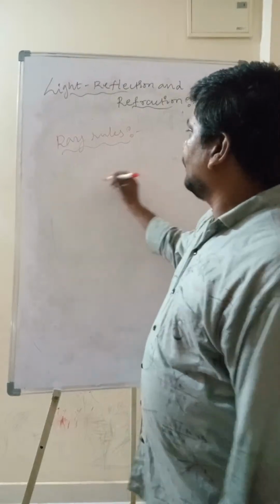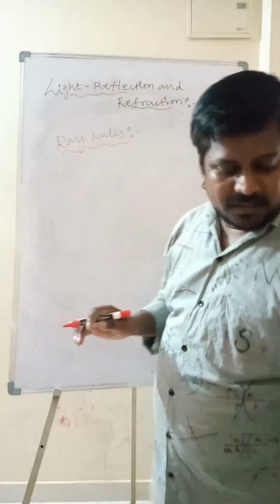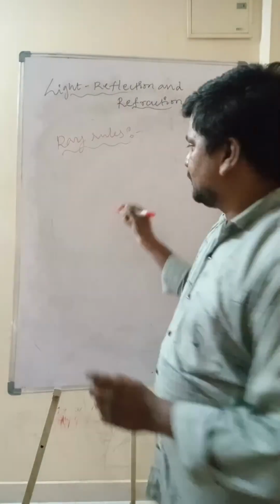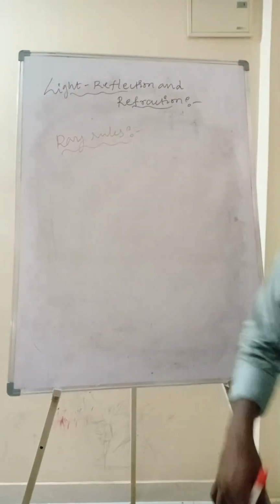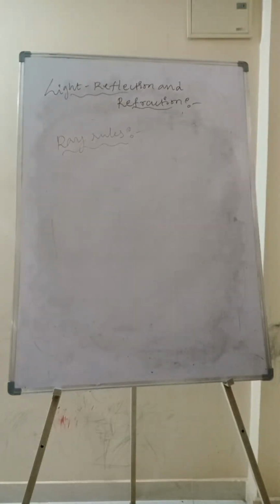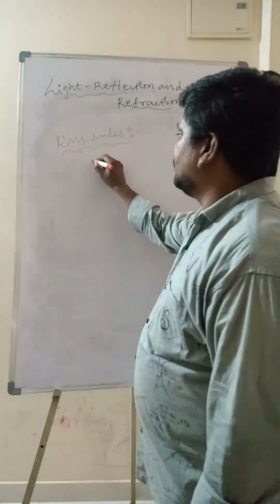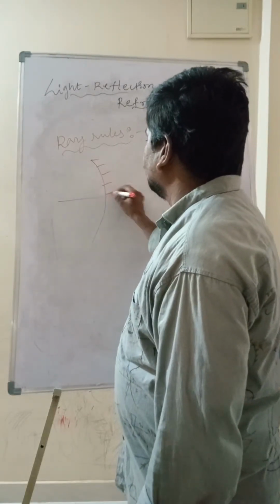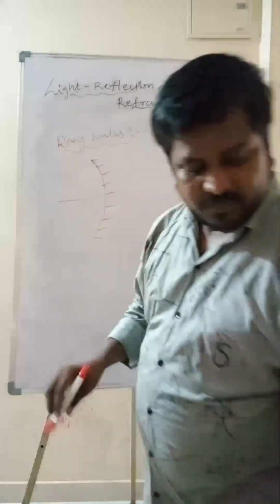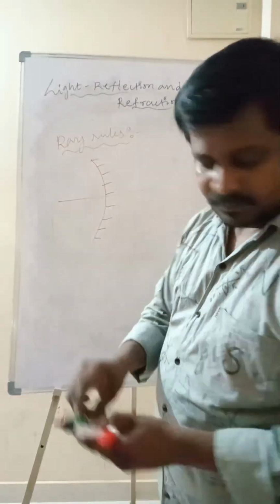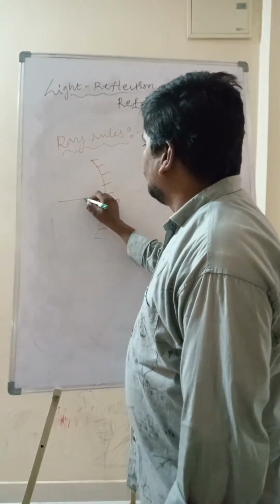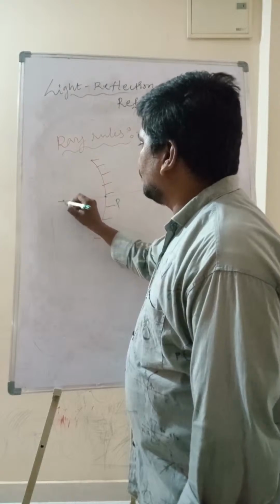I'm taking a concave mirror, and here I am considering the concave mirror. So this is the pole, focus, center of curvature.